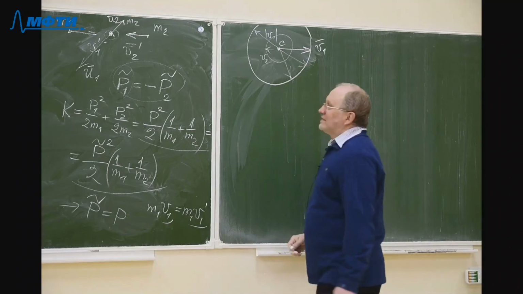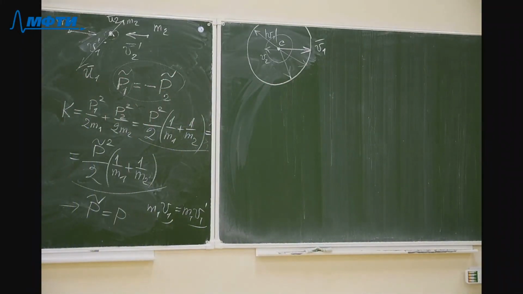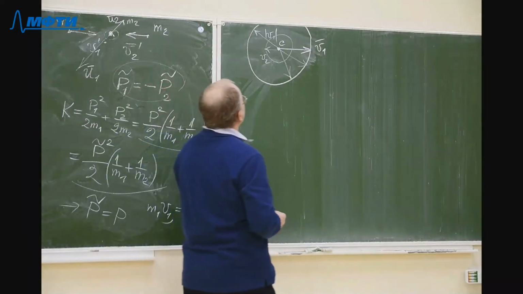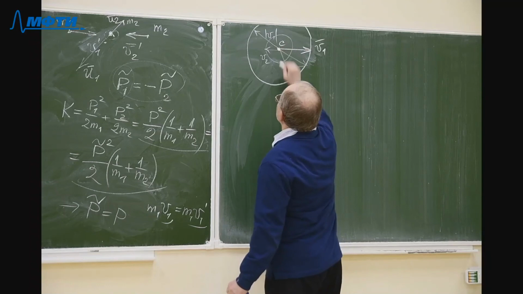And what will happen in the laboratory reference frame? In order to return to the laboratory reference frame, I will have to add to each velocity the velocity of the center of mass.